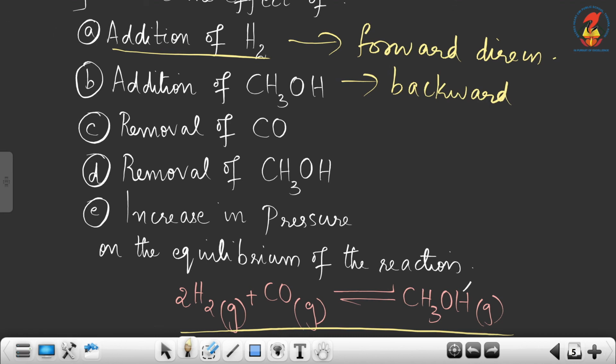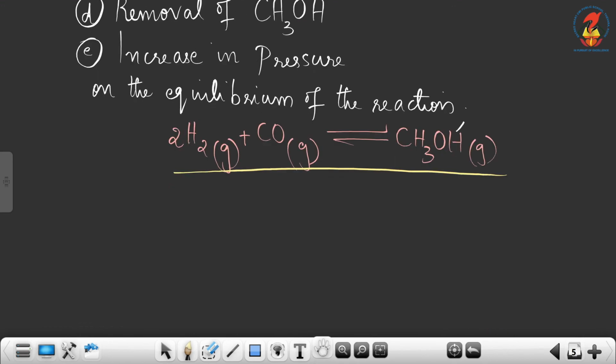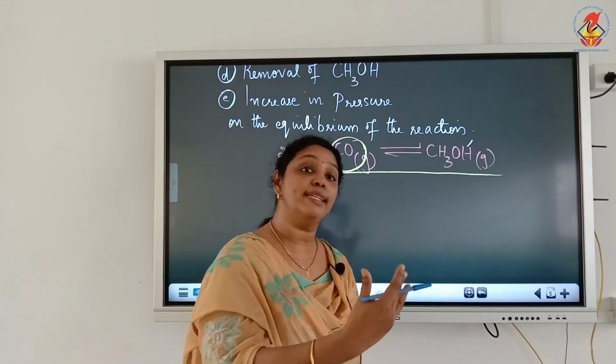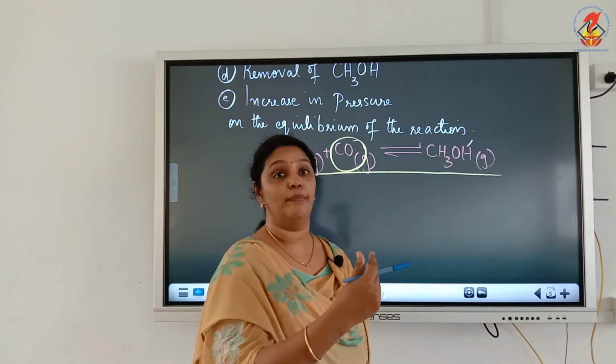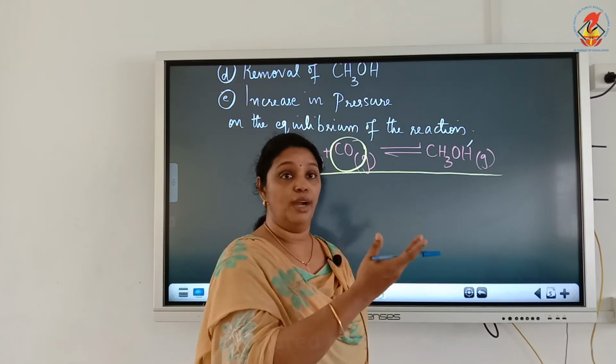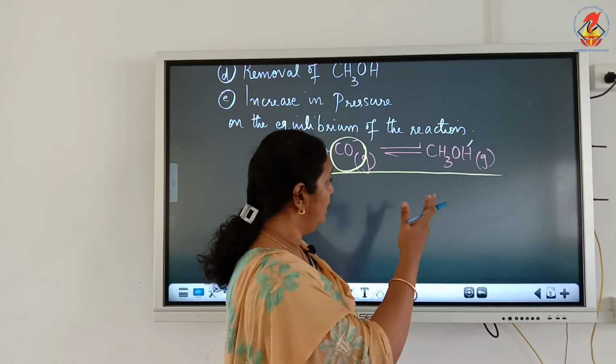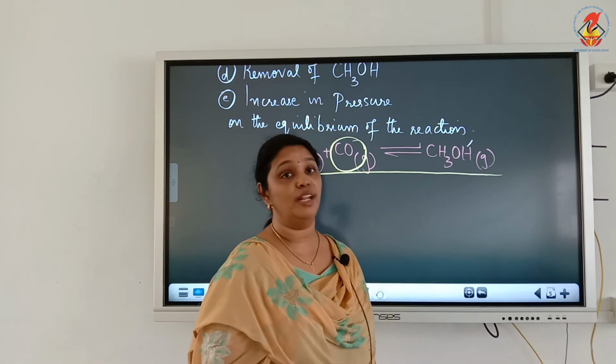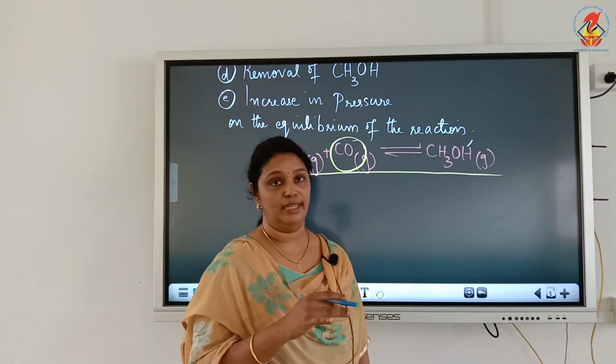Now removal of carbon monoxide. I am removing carbon monoxide from the reactant side, so now the concentration on the product side is more. So what will happen? The product will undergo the backward reaction and we get hydrogen and carbon monoxide gas produced.